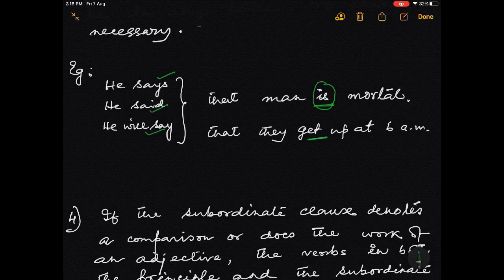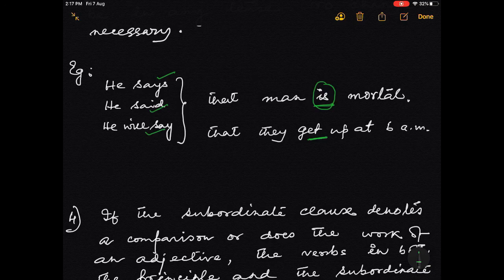So, you need not change the tense of the verb in the subordinate clause in two cases: when the subordinate clause is the expression of a universal truth or a habitual action, or when the verb in the principal clause is in the present tense or in the future tense.